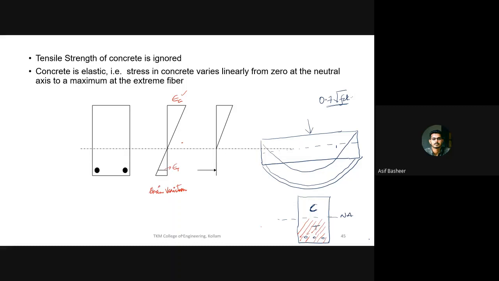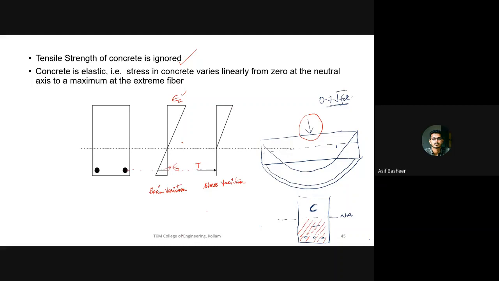Now, coming to the stress variation, I'm assuming that the tensile strength of concrete is ignored, which means the whole tensile stress, which is developed due to the application of this load, will be taken care of by the reinforcement. The reinforcement will take the entire stress which comes due to the tensile force.